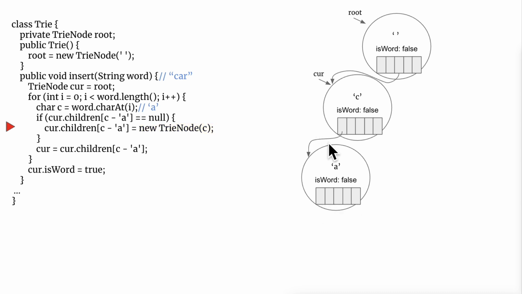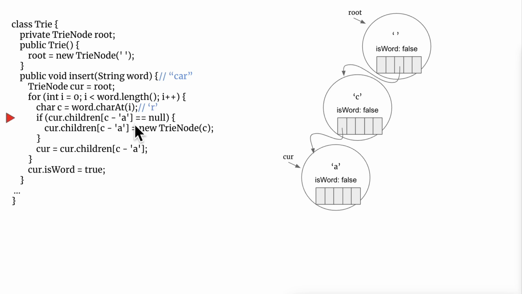The reference to this new node should be stored at this specific index. We copy this trie node reference address to the pointer cur, so currently pointer cur refers to this node as well. We're going to continue our for loop to traverse the third letter of car, which is R.